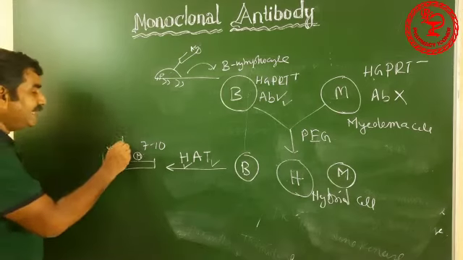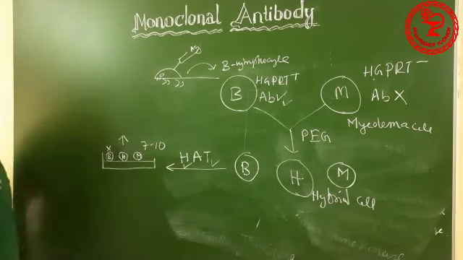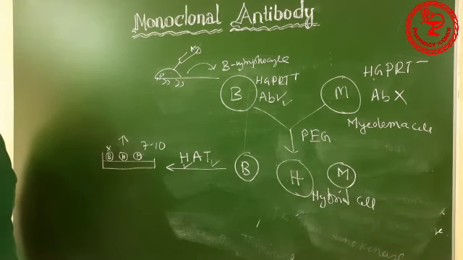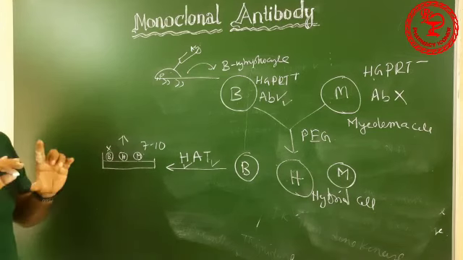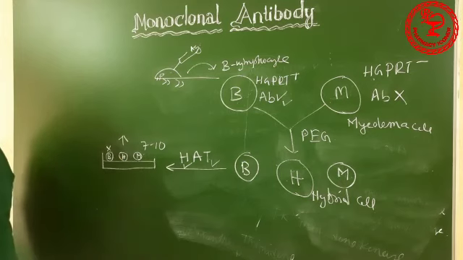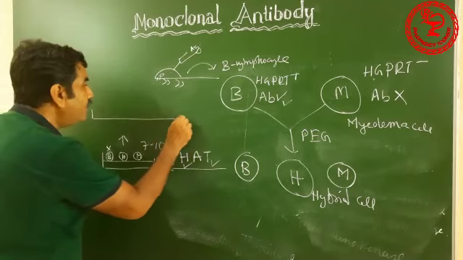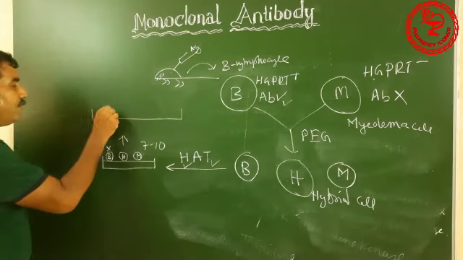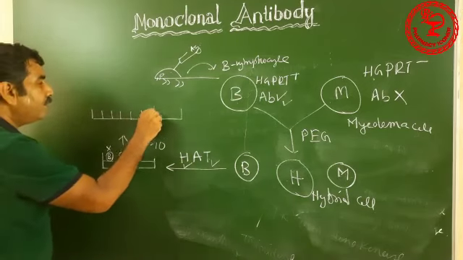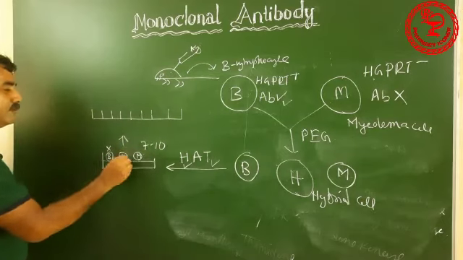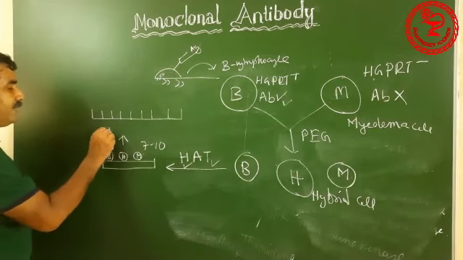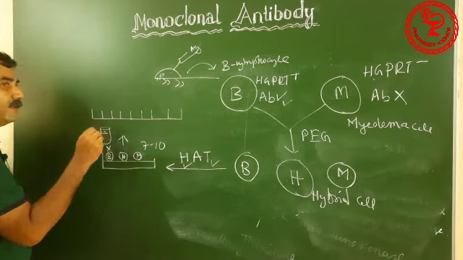Now all the surviving cells are taken and diluted, and they are put into a microculture plate. So this is the suspension in which a lot of cells are there.